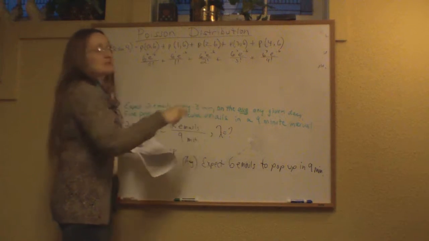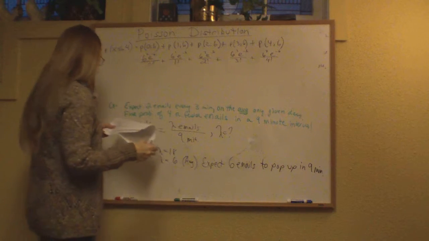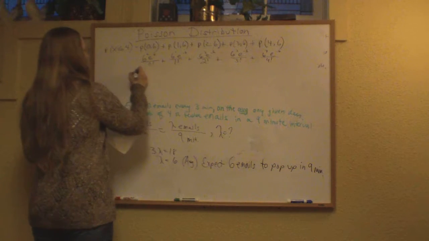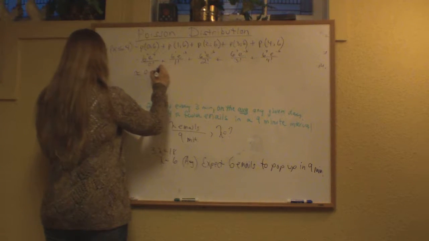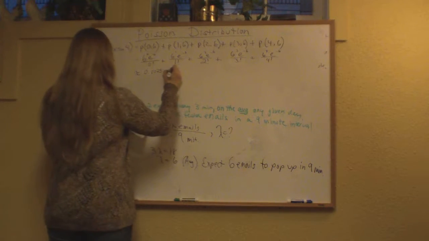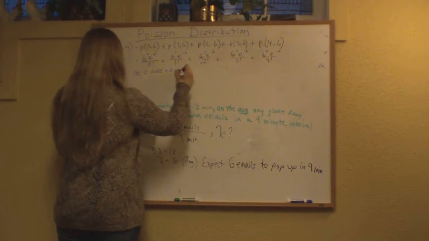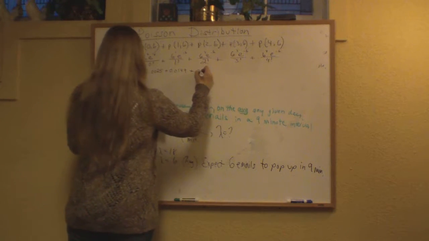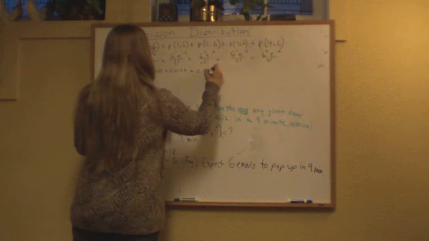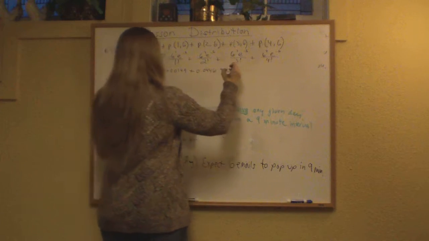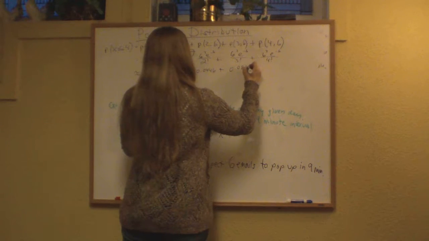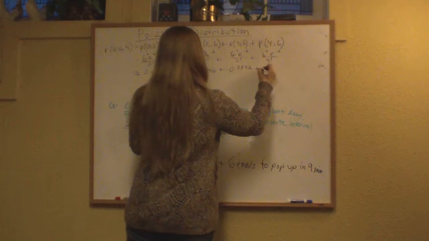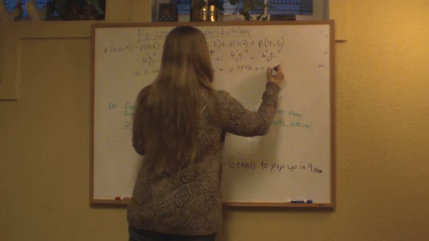Each one of these terms can be put in a calculator to compute and simplify, and when you do, it's approximately equal to 0.0025 plus 0.0149 plus 0.0446 plus 0.0892 plus 0.1338.